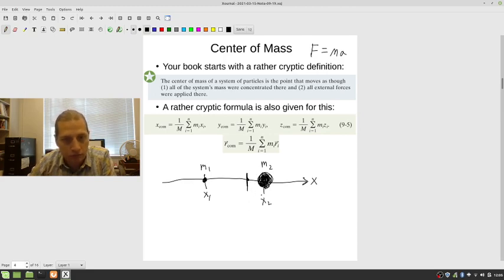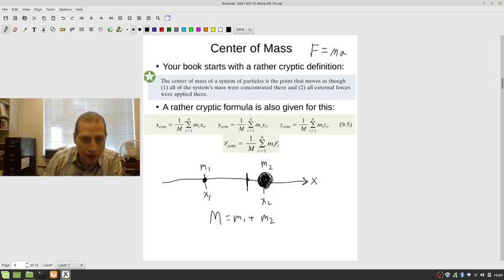Now, to put it another way, let's just see, how would you calculate that number? Well, the M in this formula is the total mass. So in our case, this would be m1 plus m2. And then this is saying add up all of the masses times the positions of those objects.